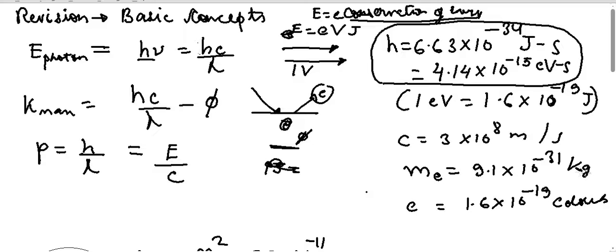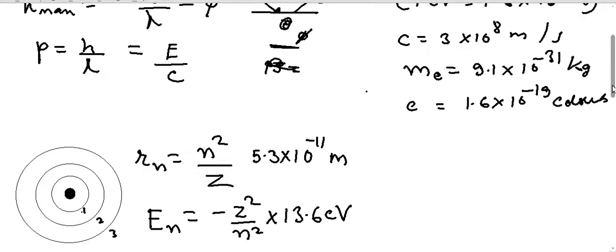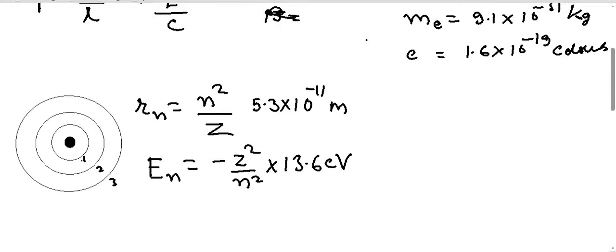Also in the last class we discussed that in Bohr's model, an electron can take only particular radii and particular energy levels. Each radius corresponds to a particular energy level.